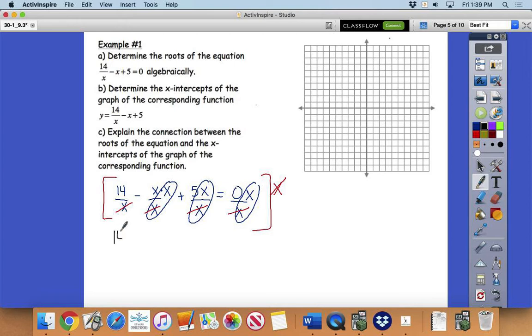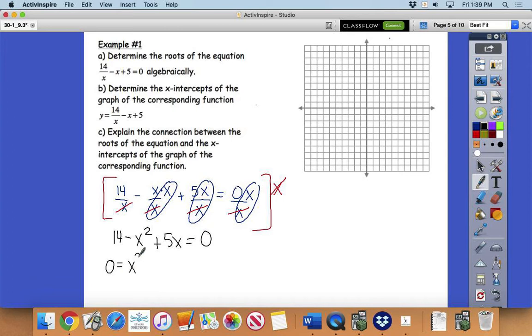So you have 14 minus x squared, you did not cross off the top, so that's going to be x squared now, plus 5x equals 0 times x, which is 0. Now you'll notice that this is a quadratic equation, so we have to get everything on one side. I prefer to bring everything to the side where the x squared is positive, so I'm going to move everything to the right side.